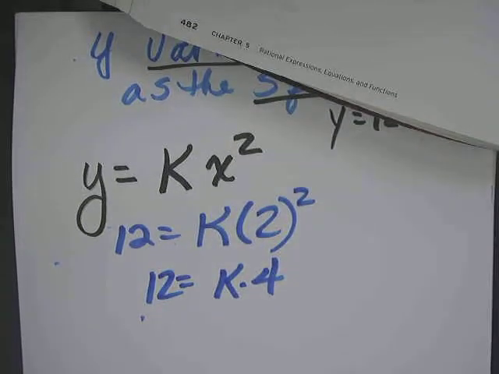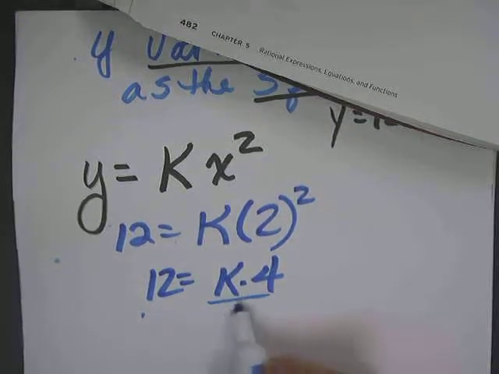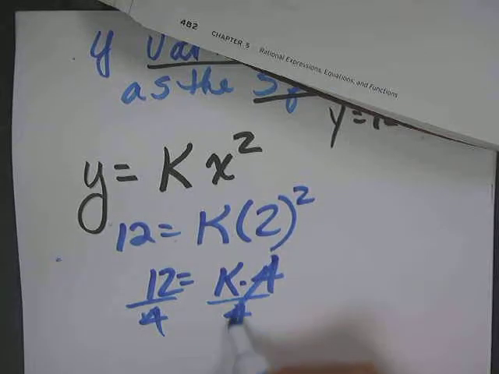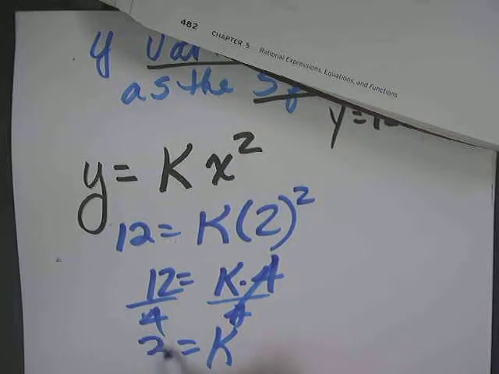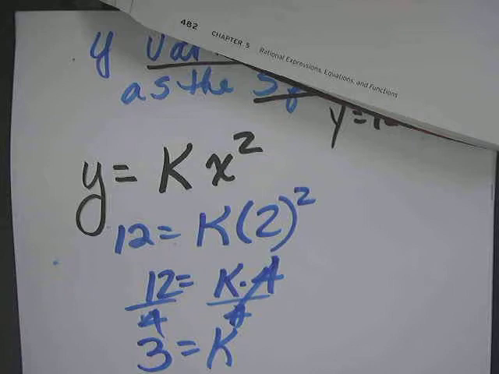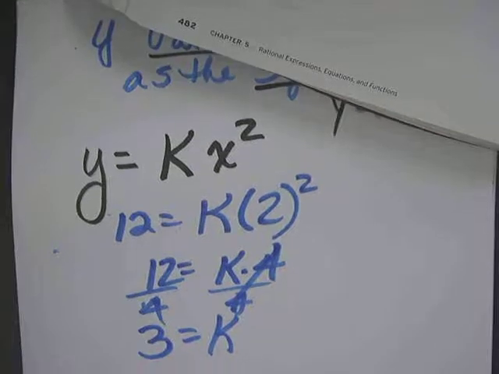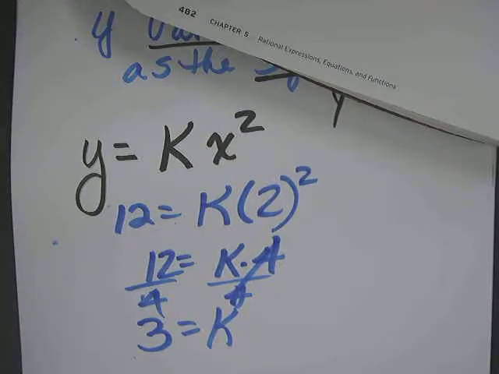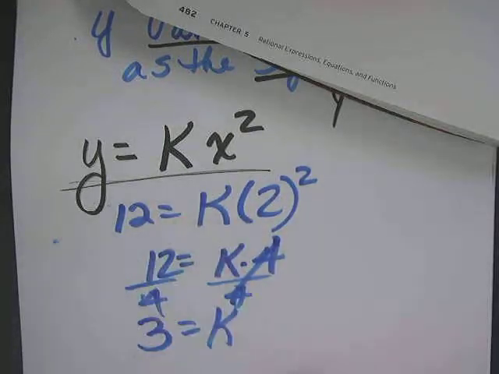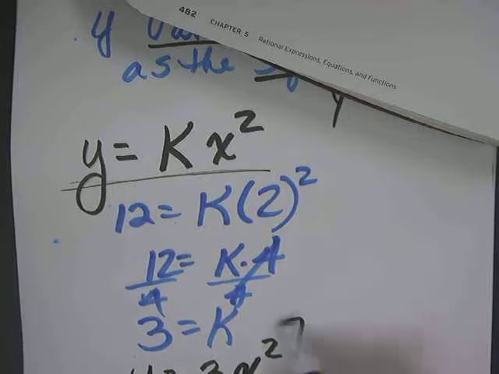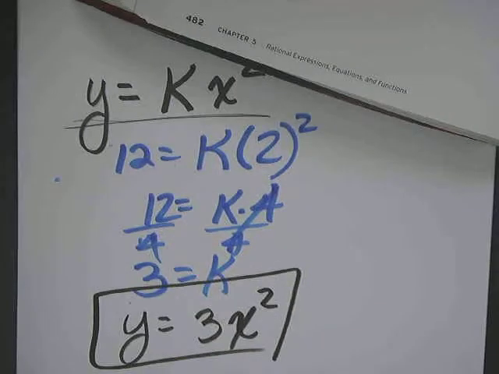Y is 12. X is 2. So 2 squared is 4. Divide by 4, what's our constant of variation? 3. Our K is 3.